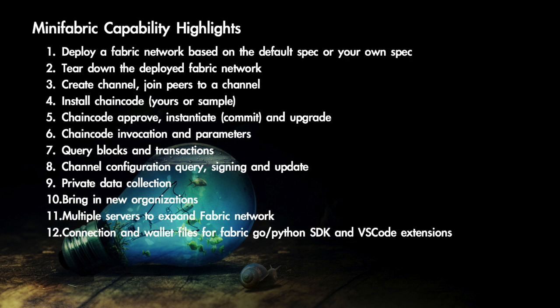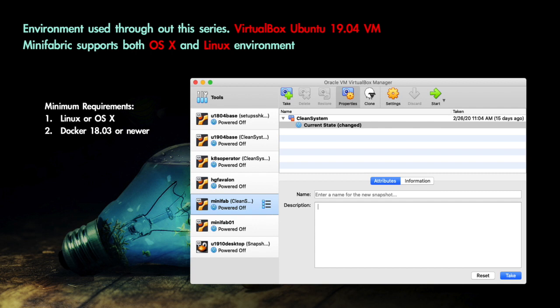Minifabric created connection files and wallets make your application development very easy. You will never need to guess or pull your hair out on what you might need to connect to an existing network. The minimum requirement to run Minifabric is a Linux or OS X system with Docker 18.03 or newer.